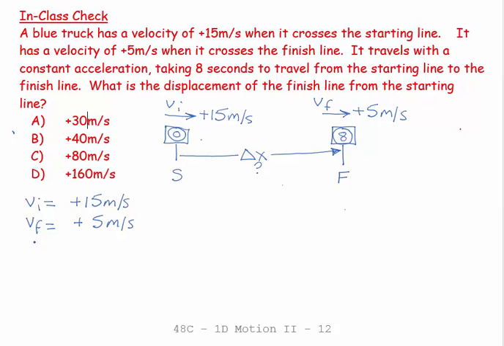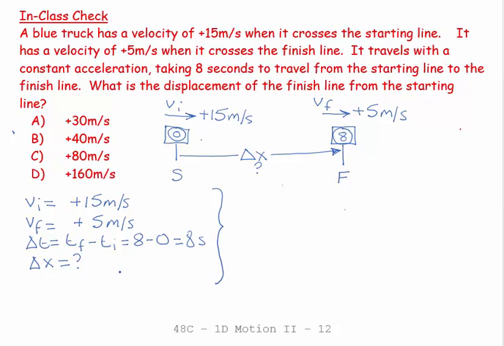My acceleration, I don't know, but it is constant, which means I can use kinematic equations. My time interval, my delta t, which equals t final minus t initial, which equals 8 minus 0, which equals 8 seconds. And what it wants me to find is my delta x, and that's what I don't know.